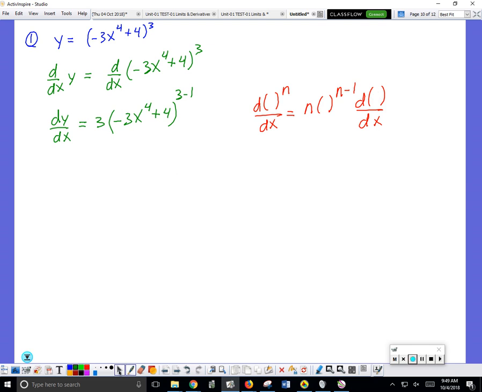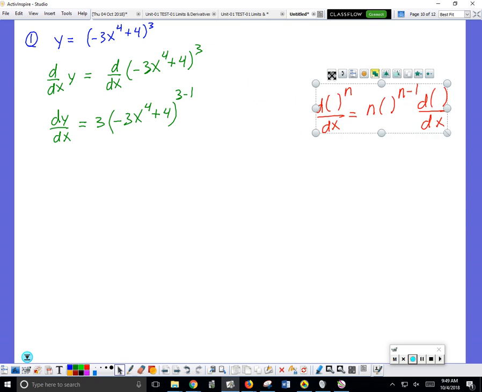So I need to move this over just a little bit. So let's see, d/dx of the base. No exponent, just d/dx of the base.